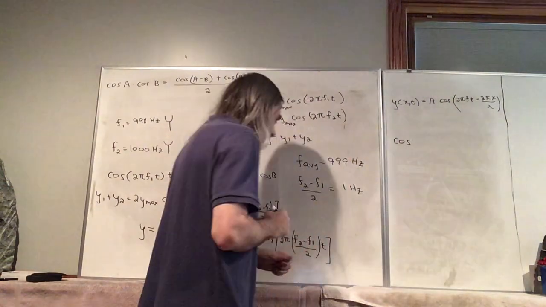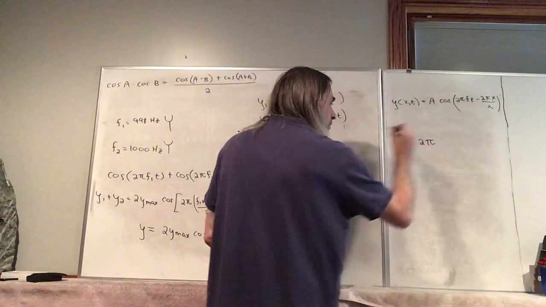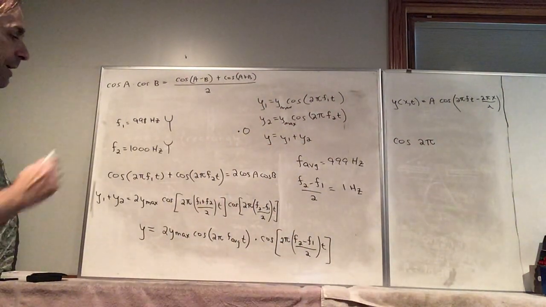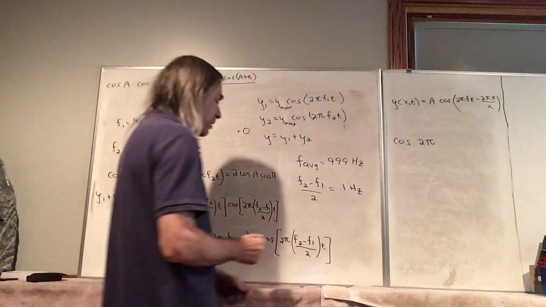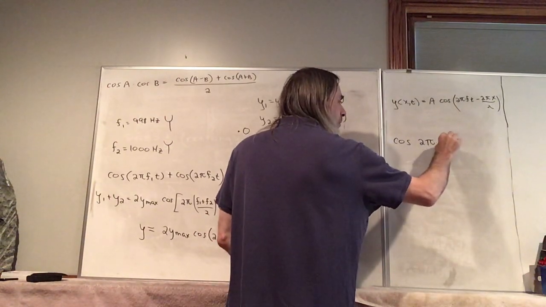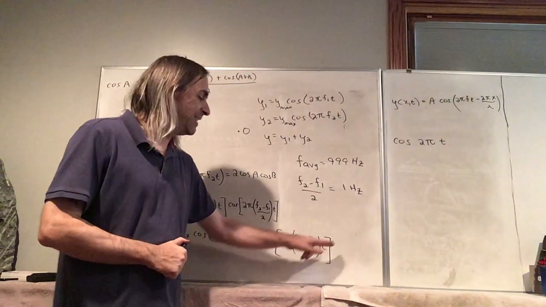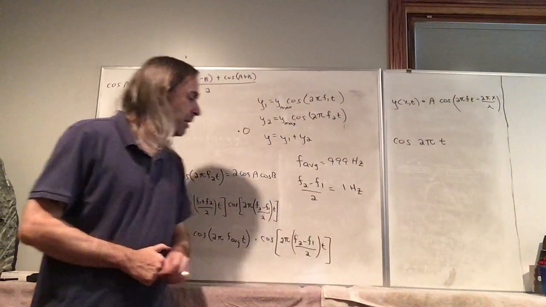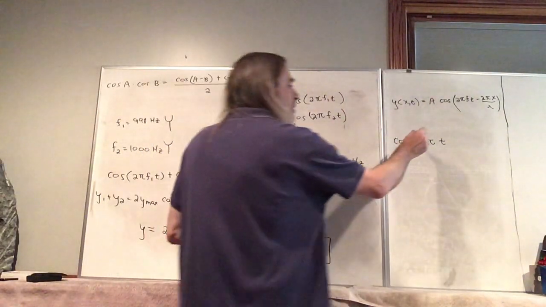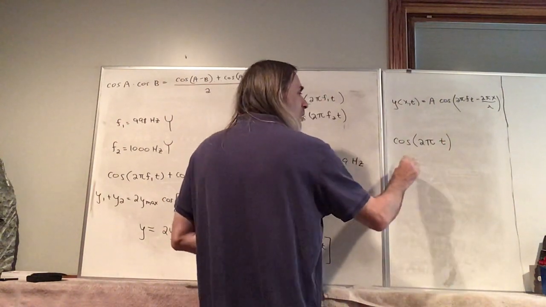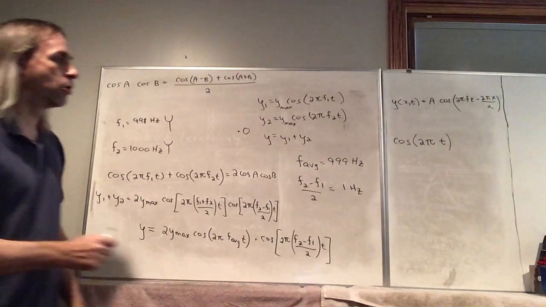Let's look at cosine of 2 pi times 1 hertz, which is 1 cycle per second, times t. So t is measured in seconds, and hertz is a cycle per second. So basically we just have this. So if we plot this over a time interval of 1 second, we go through a full cycle.